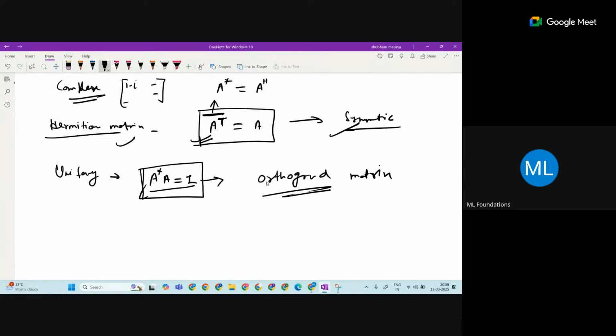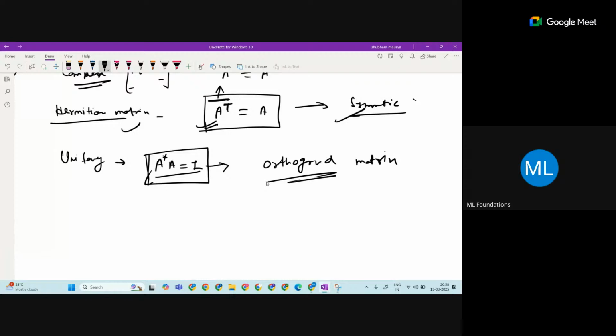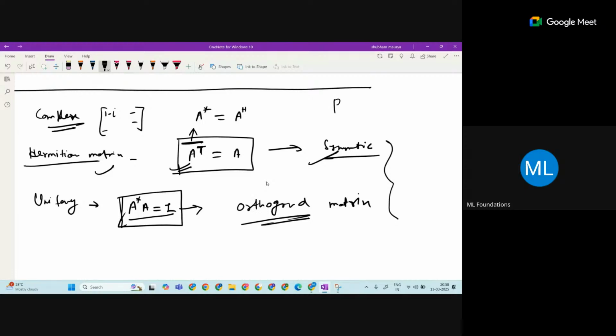We did this in week 1 too: orthogonal in the real space and unitary in the complex space. For real you put real numbers in the matrix, and here the numbers are complex.